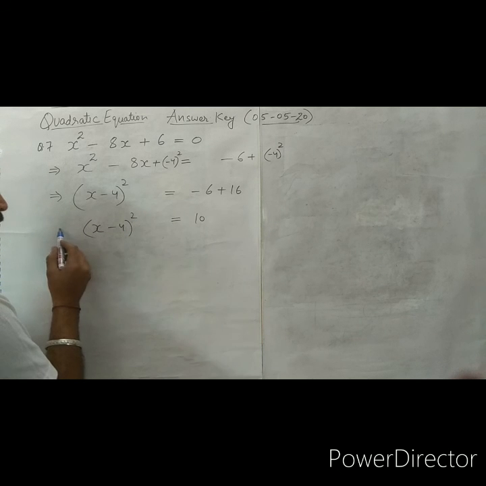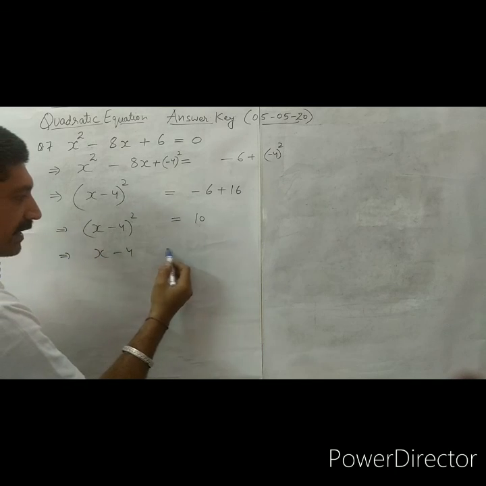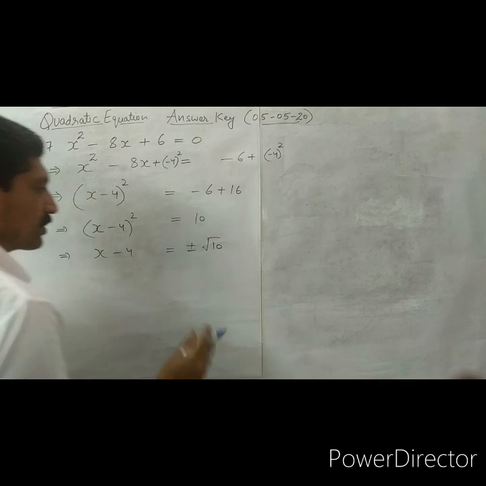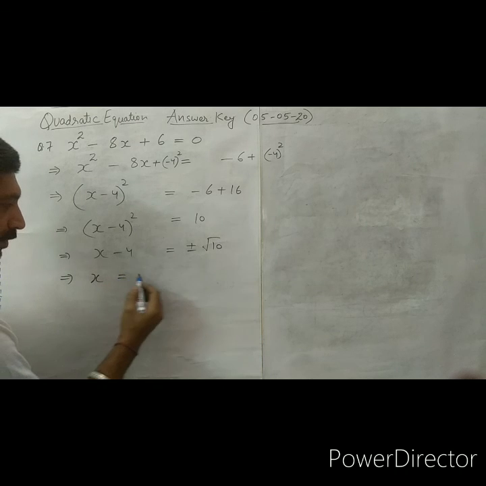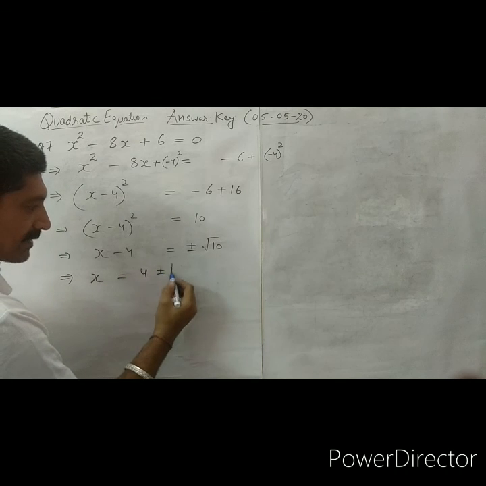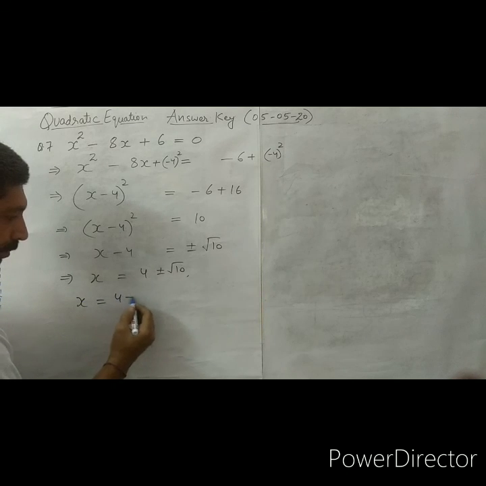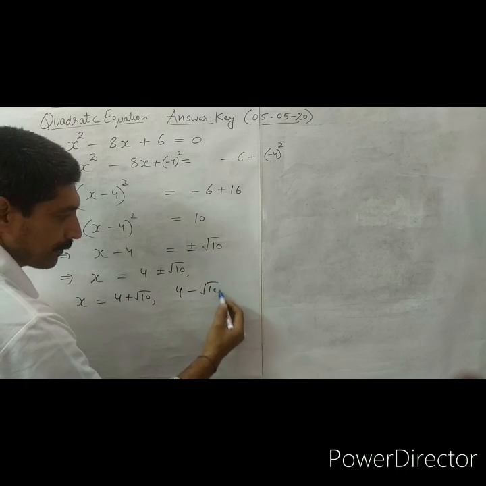Taking under root on both sides, we get x minus 4 is equal to plus minus under root 10. So the value of x is 4 plus minus under root 10, that is, one value is 4 plus under root 10 and another is 4 minus under root 10.